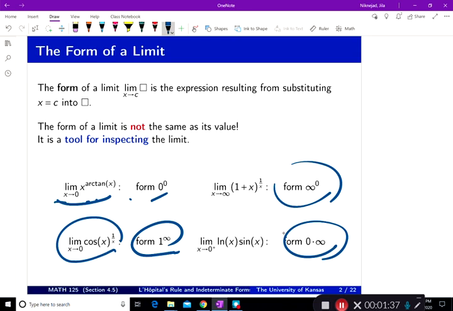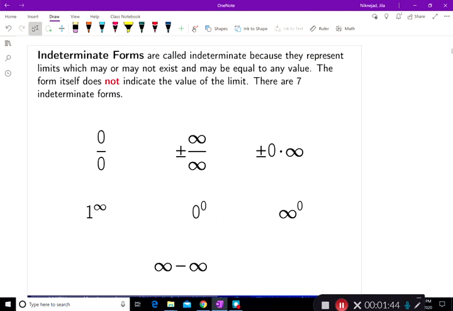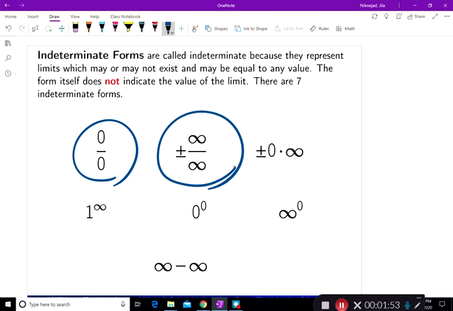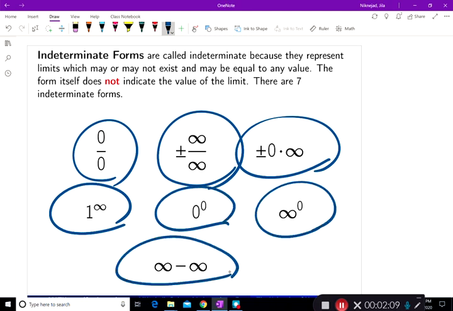A lot of times you see that people omit the negative or positive. But overall, what we call indeterminate forms are 0 over 0, positive or negative infinity over infinity, again, it's just infinity over infinity in my mind, and then plus or minus 0 times infinity, 1 to infinity, 0 to 0, infinity to 0, and infinity minus infinity.